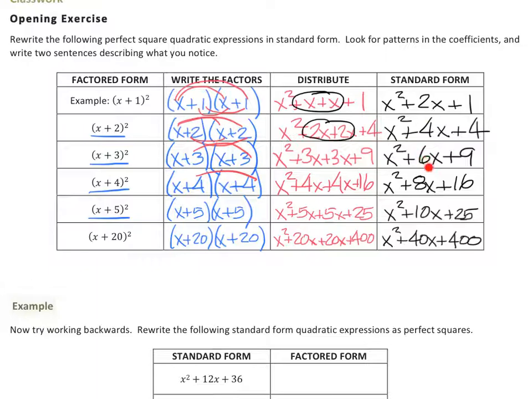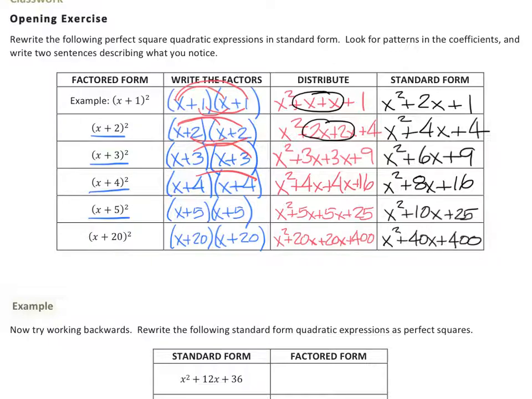But what about these middle terms through here? How are we getting these from these numbers? Times by 2. Yeah, so if we double this, it gives us the 8. And it's going to be an 8x. Double the 5, get a 10x, and so on. Double the 20, get a 40x.